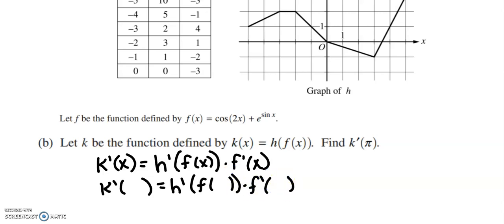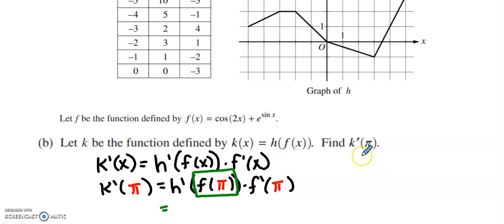And remember, this is a free response question, so showing all of your steps and not taking shortcuts is a really good idea. Unlike the last one, I can't just leave this because this is not actually evaluated. I still have some functions in there that I need to work on. So I'm going to start with composite inside out. So f of pi.